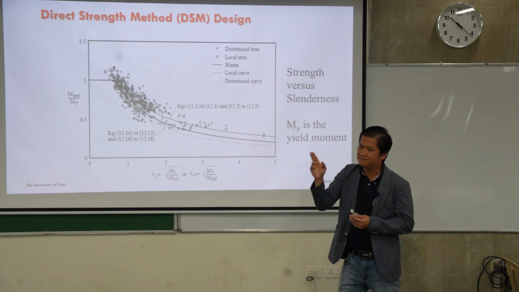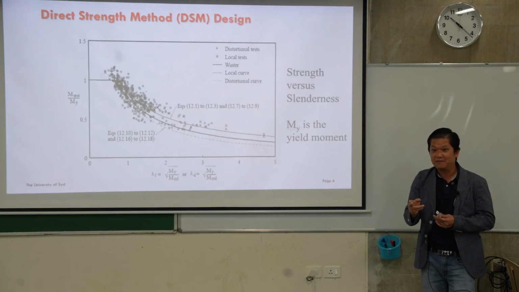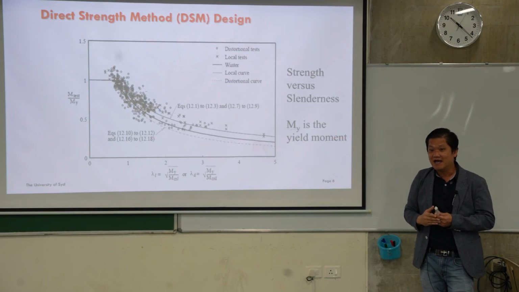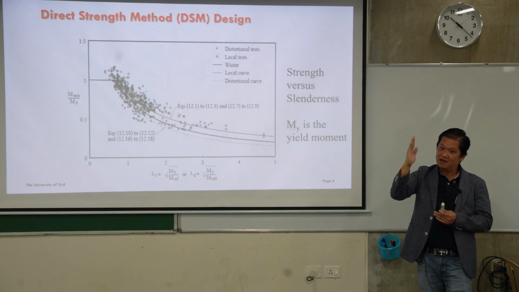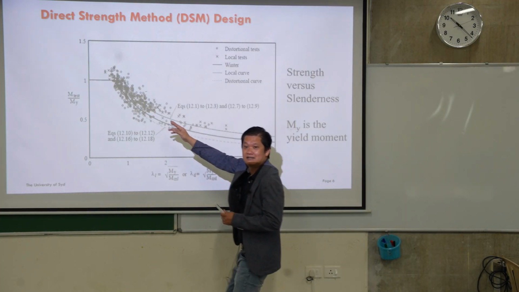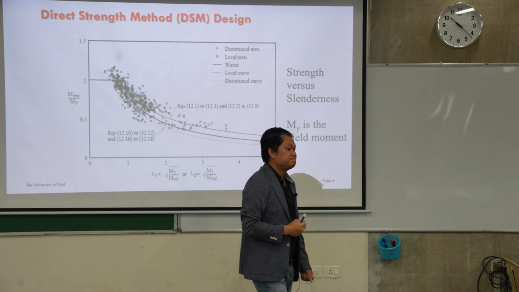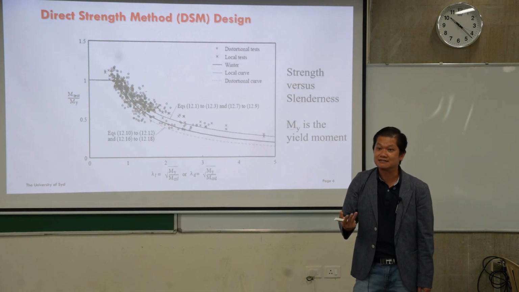But you remember at the first lecture, when I talked about the effective width method, where Von Karman put that as an effective width, and then Winter shifted it down. And he shifted it a lot more in the lower range here because of the effect of imperfection, residual stress, and all the uncertainty that we don't know.